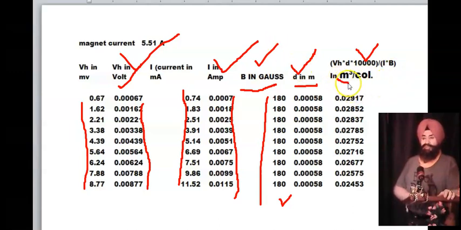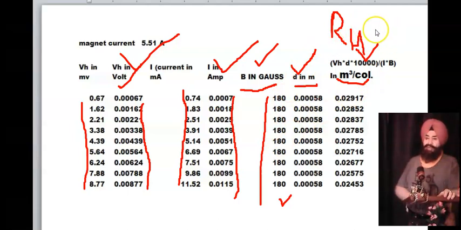So we have the value of the Hall coefficient, and the units are meter cube per coulomb. This is RH. RH means Hall coefficient, with units of meter cube per coulomb.